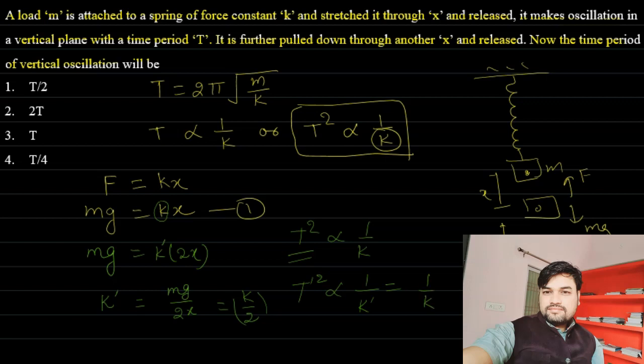So 2 will come to the numerator. So the time period of oscillation square will be proportional to 2 times of t.